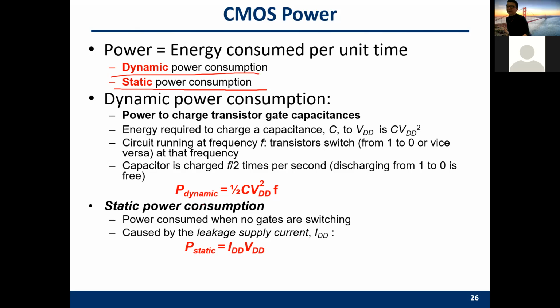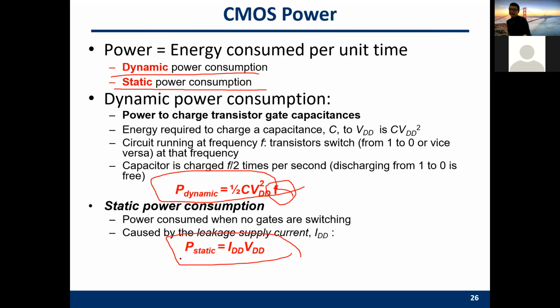But no matter whether it's idle or busy, you always pay the static power, the leakage power. This is the equation to compute the dynamic power. This is the equation to compute the static power. You can see that when we compute the dynamic power, we have the frequency. The frequency means you are busy, you do some computation.